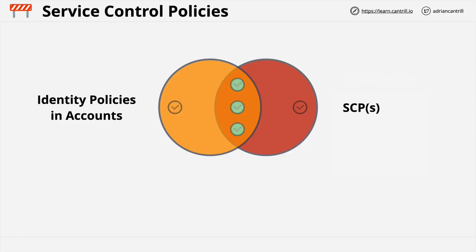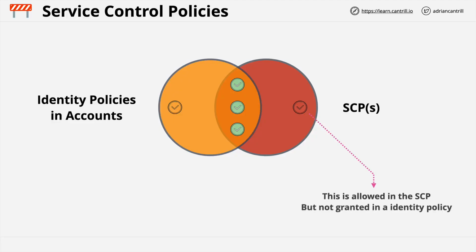Now, only permissions which are allowed within identity policies in the account and are allowed by a service control policy are actually active. On the right, this access permission has no effect because while it's allowed within an SCP, an SCP doesn't grant access to anything. It just controls what can and can't be allowed by identity policies within that account.